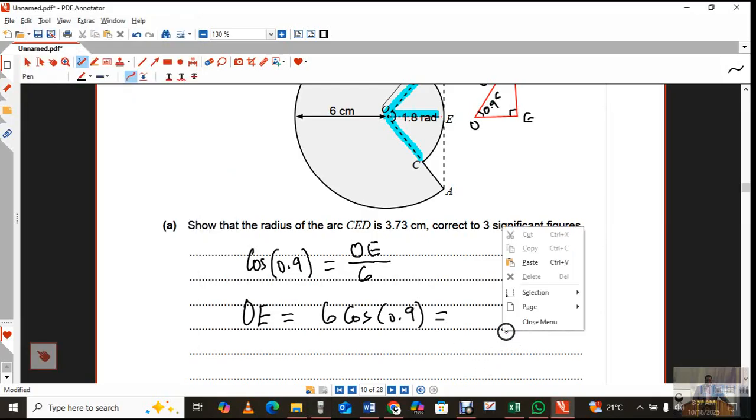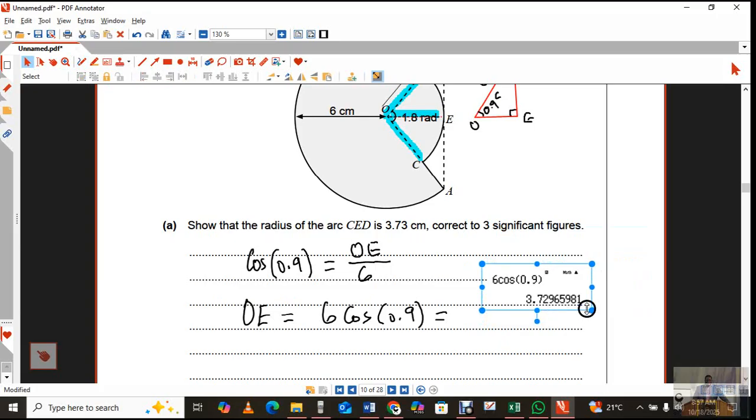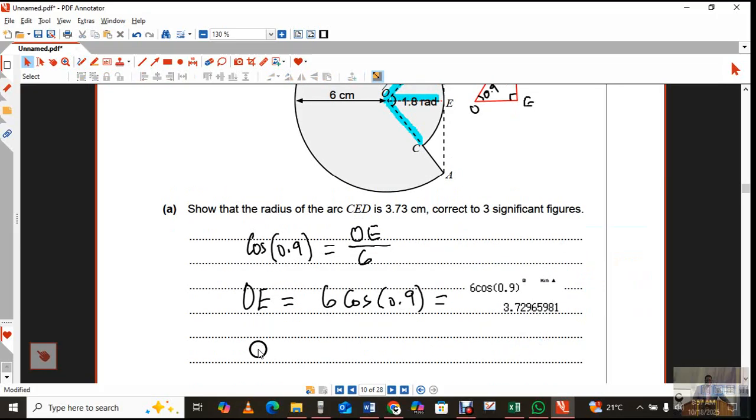Let's just take a capture of that. If you round this answer to 3 significant figures, you will see that therefore the radius of that arc is 3.73 centimeters, correct to 3SF.